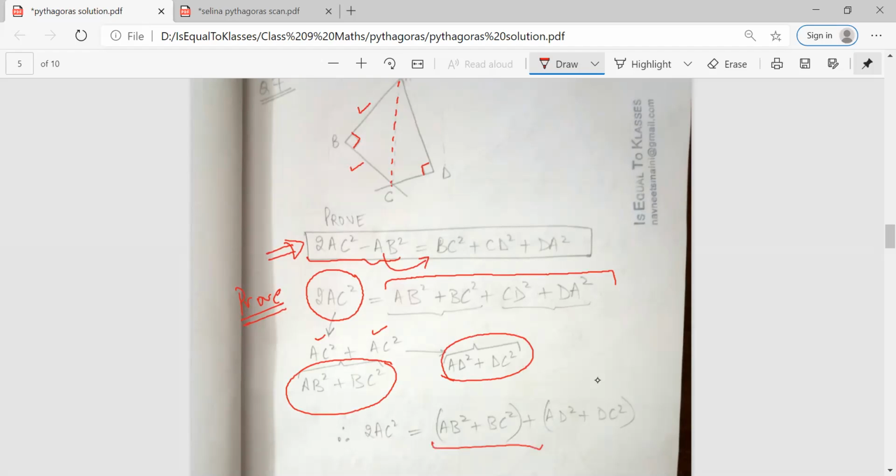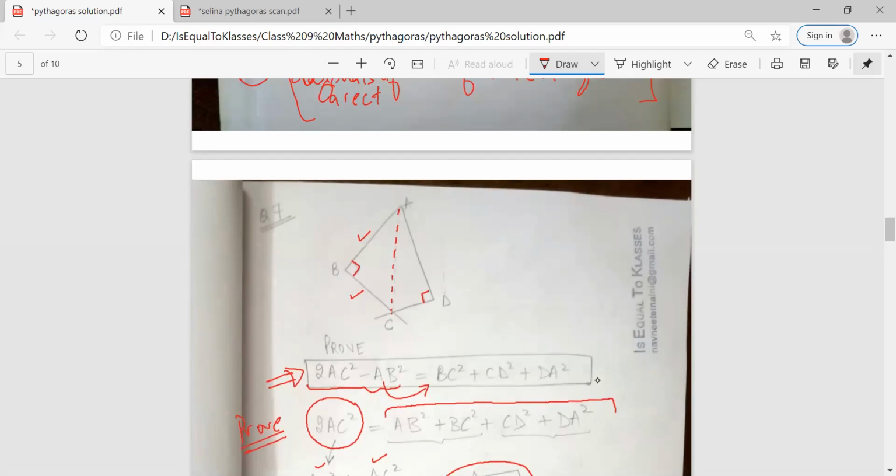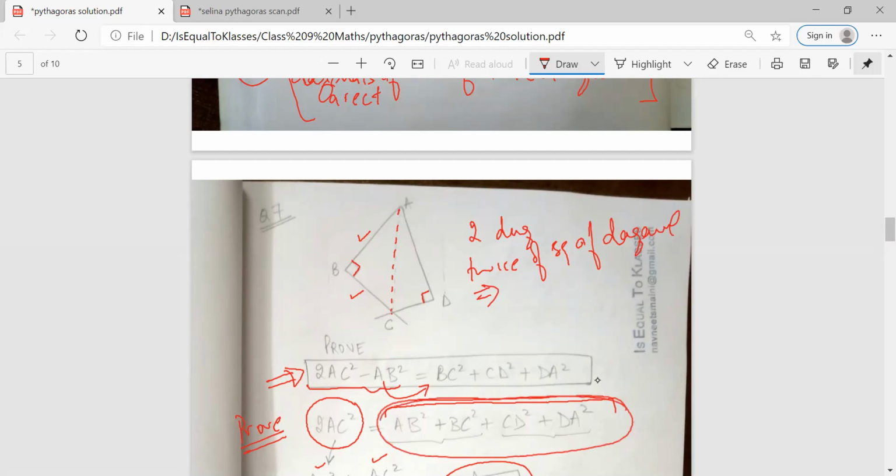And finally, this is what I wanted to prove. Now again, this can be written as twice of square of diagonal is equal to sum of the square of the sides of a quadrilateral. Mr. Rudra, any doubt? No, sir.